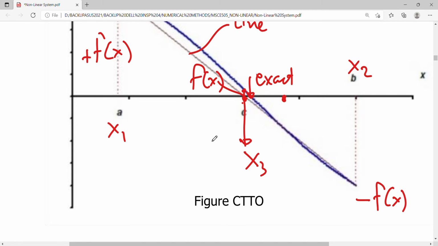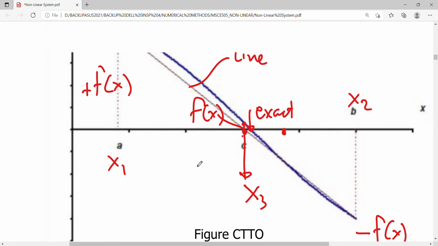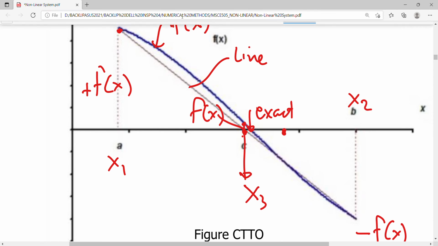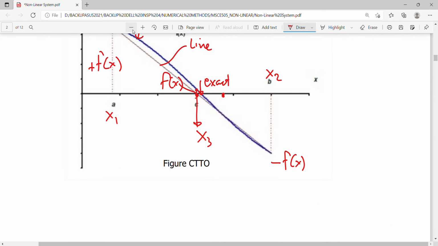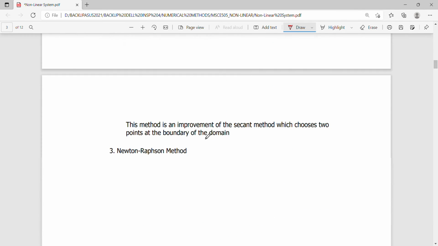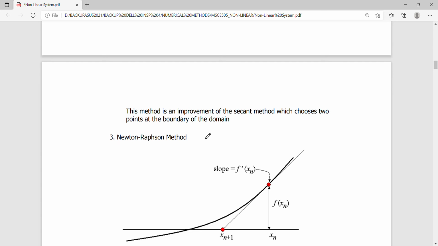So again, they are all similar. The bisection method works the same way as the interpolation method, but the way of finding out what is your third point, or the new point of reference to get nearer and nearer to the exact value, is the one changing. So for a comment here, this method is actually just an improvement of the secant method, which chooses 2 points at the boundary of the domain.